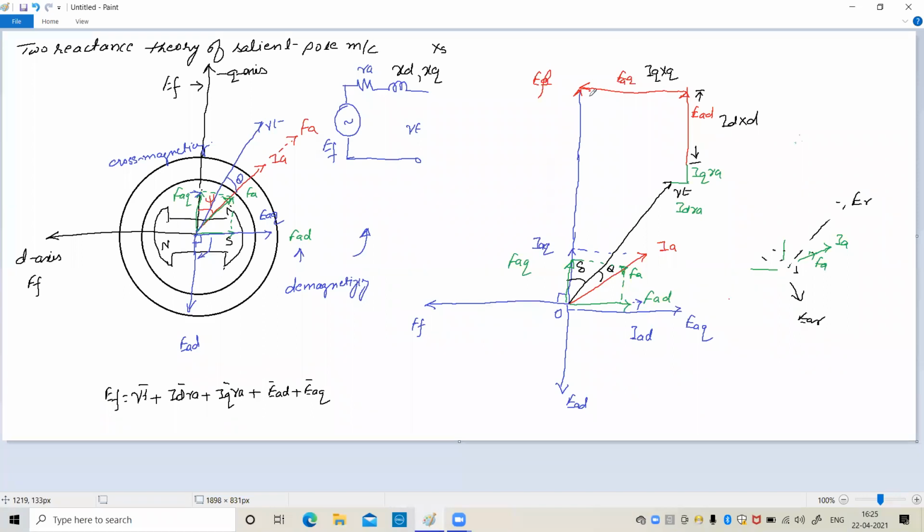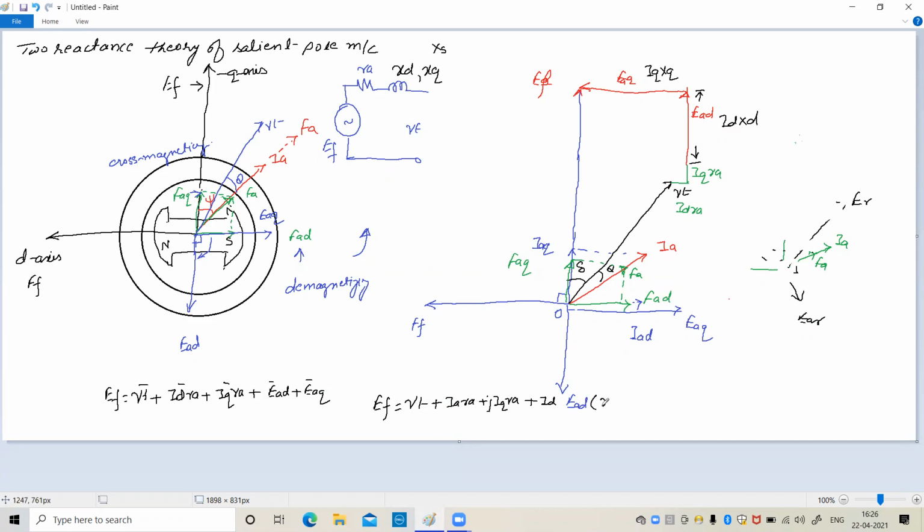In this way we are able to develop the vector diagram, and we can write the voltage EF equal to VT plus IA RA plus J IQ RA, plus ID into two reactances.